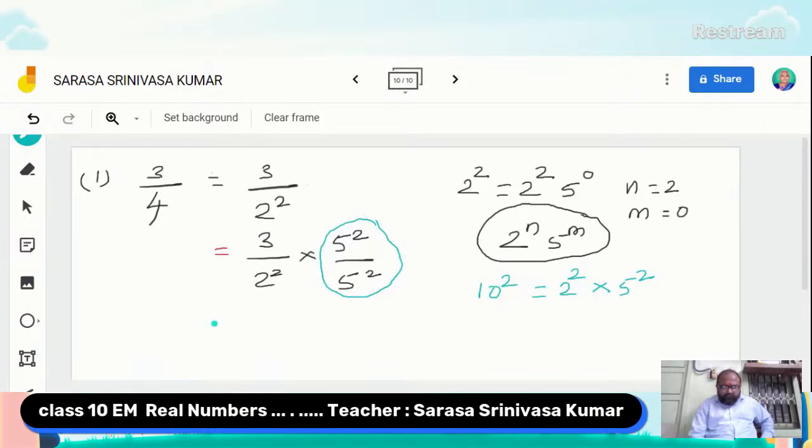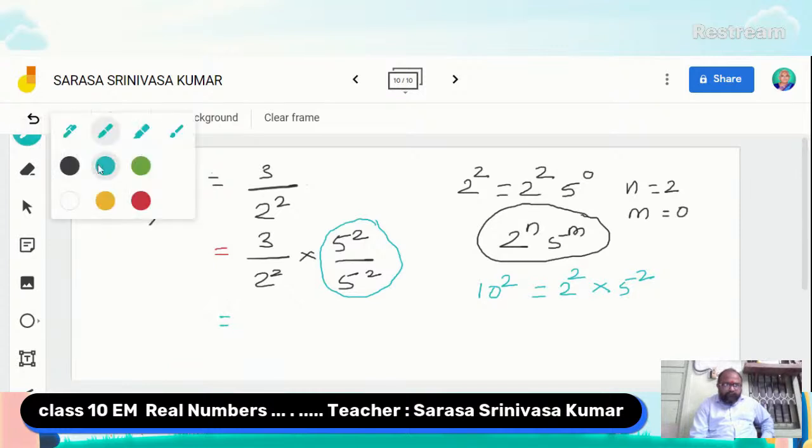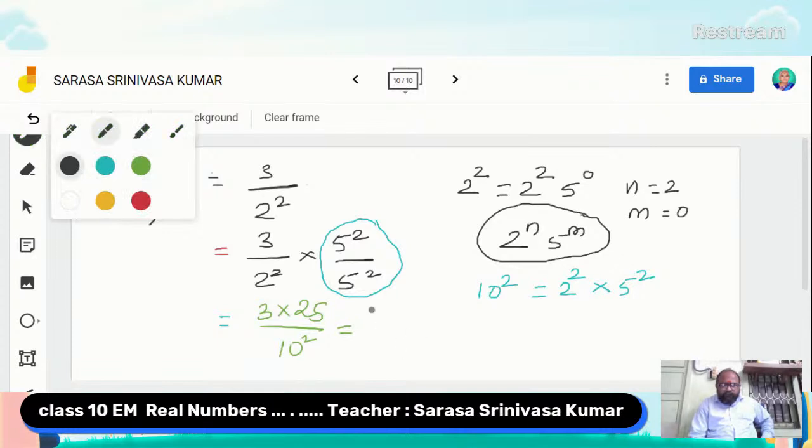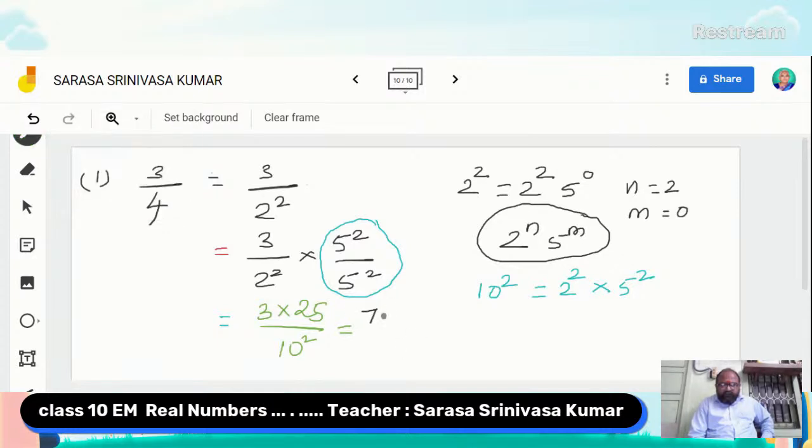So this is equal to 3 multiplied by 25 divided by 10 square, equal to 75 by 10 square, equal to 0.75.